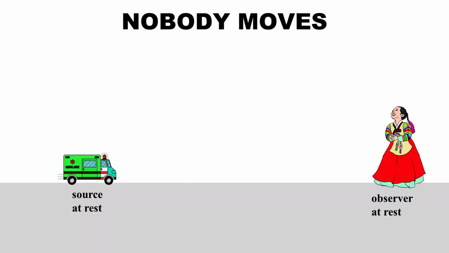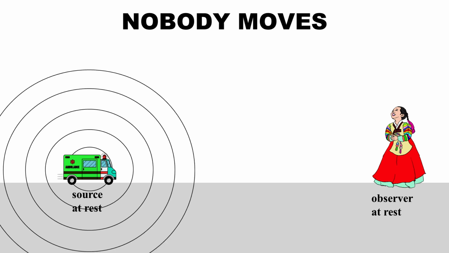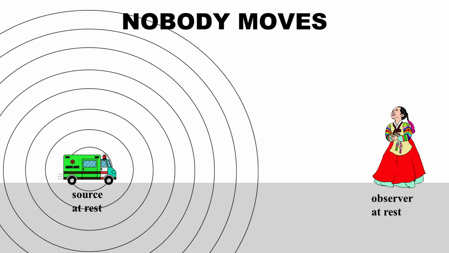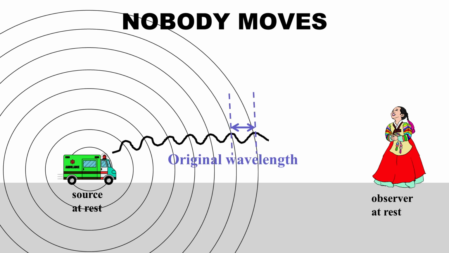Here, there is a car with a siren. Nobody moves. And there is a girl in a Korean costume. As she stands here, the siren is coming out of the stopped car, and here is the original wavelength.